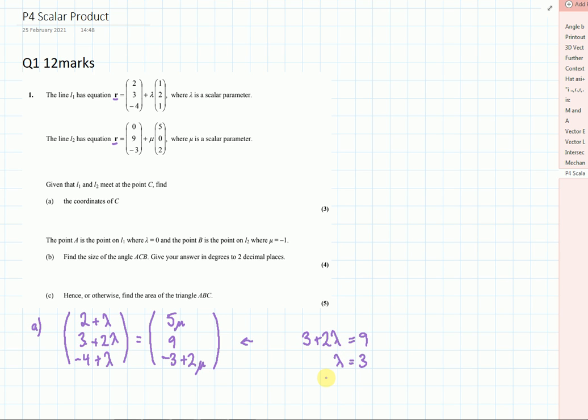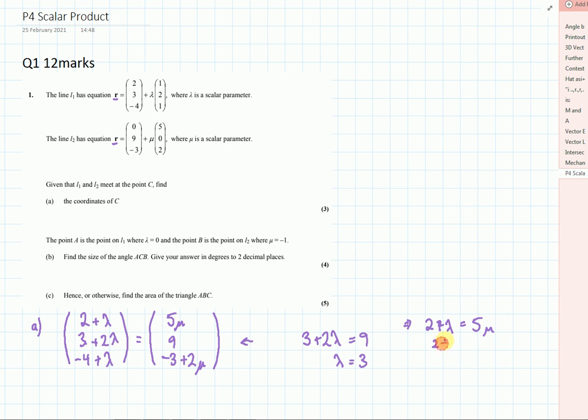We should also check and show that this works for the others. So let's just do a check on the top. 2 plus lambda, which is 3, equals 5 mu.